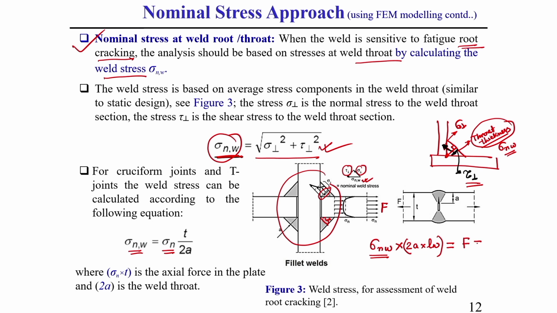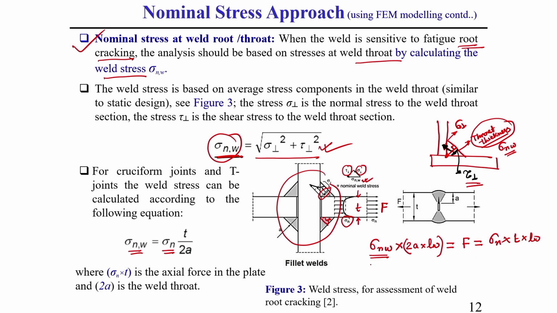This applied force F we can write as the nominal stress at the plate, here I have shown, into the thickness of the plate. Let us consider the thickness of the plate is T, and LW is the length of the weld.